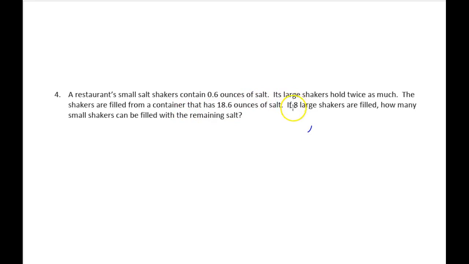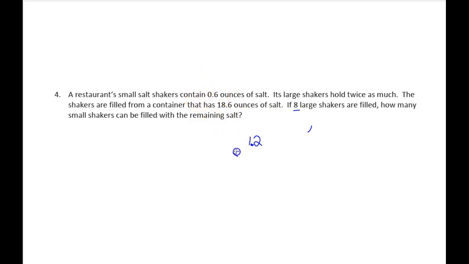So we know that 8 large containers actually hold twice as much as 0.6 ounces, 6/10. So when you double 6, you have 12, right? And so it's going to be 1.2 because 6 plus 6 is 12. It overflows and goes into the ones place.